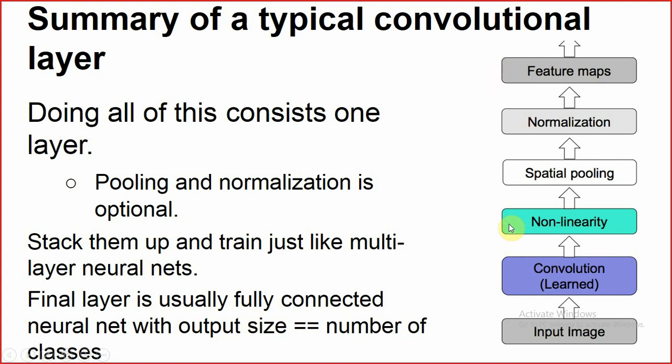So the CNN is a stack of some combination of these layers. The convolutional layer is essential, and the non-linearity is also essential, but the spatial pooling and normalization are optional, though most of them are used in famous architectures. So stack them up and train just like a multi-layer neural network.